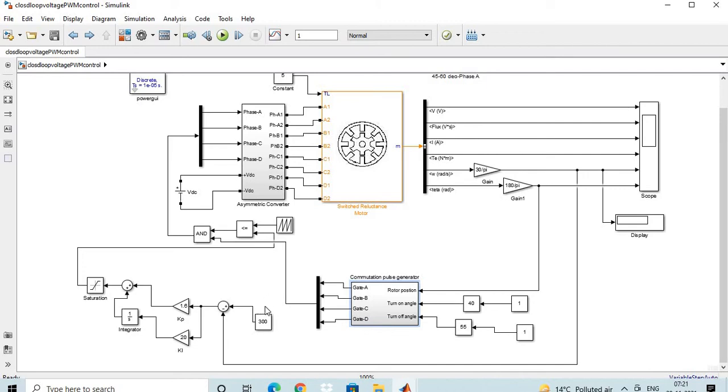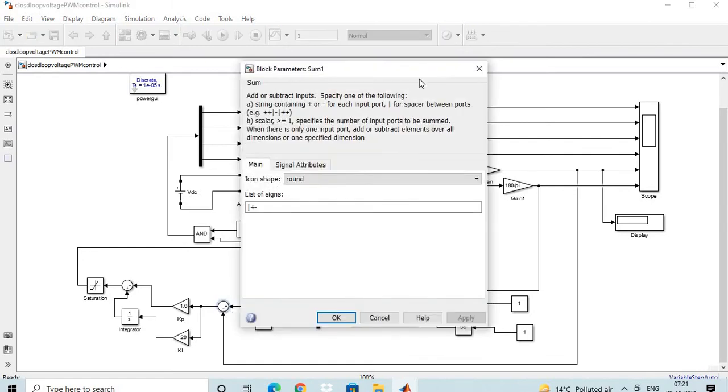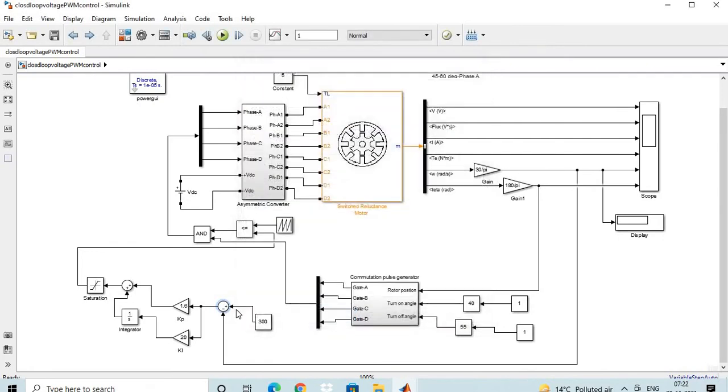So for that purpose, here we have a sum block having a minus and a plus sign. The input to the plus is the reference speed, like right now the reference speed is 300 rpm, and that reference speed is continuously compared with the actual speed, so that the closed loop gets completed.